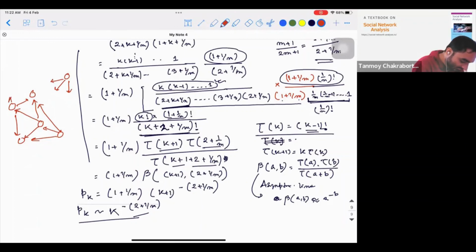Let's assume the nodes are A, B, C, D, E, and this new node V is coming in, and V copies the edge distribution of node E, which was chosen uniformly at random. Since E is connected to B, D, and C, V will also be connected to B, D, and C.